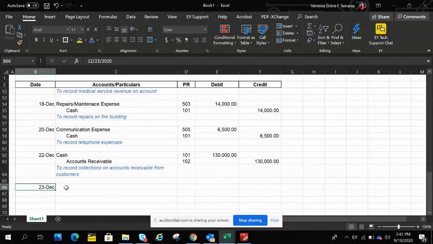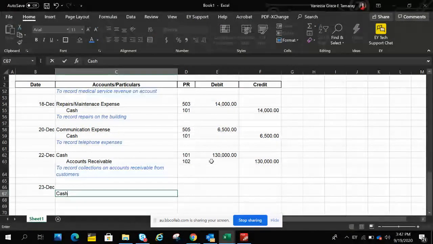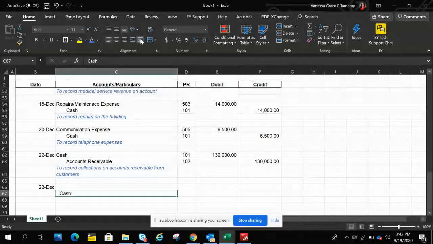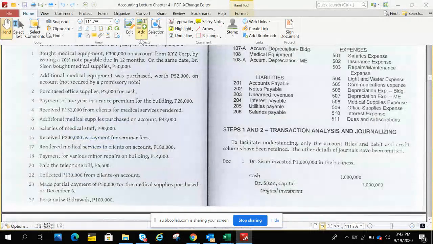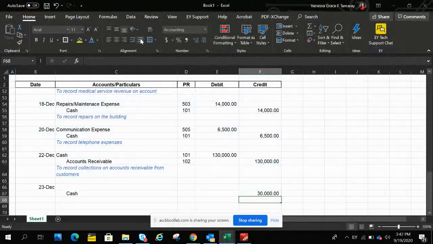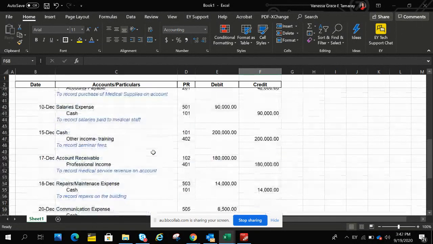December 23, payment. Diba? Pag alam mo kung ano yung sigurado mo, yun ang unahin mo, credit cash. Magkano ba binayad natin? 30,000 pesos. Ano ba ang nangyari? On December 6, we have medical supplies, credit accounts payable.